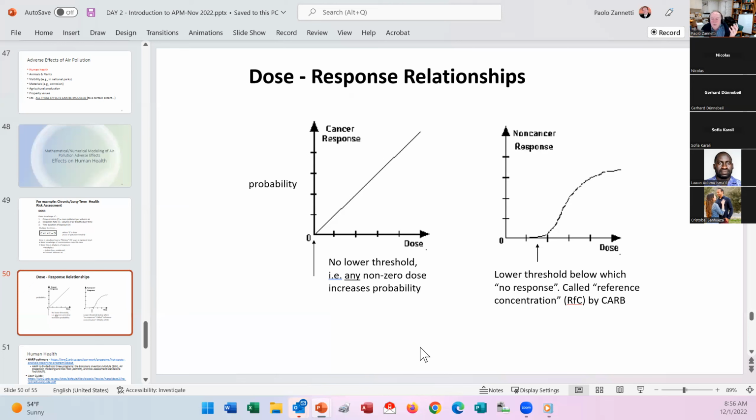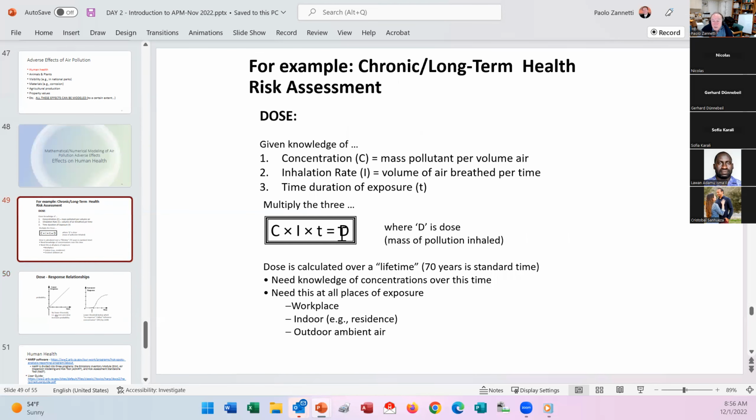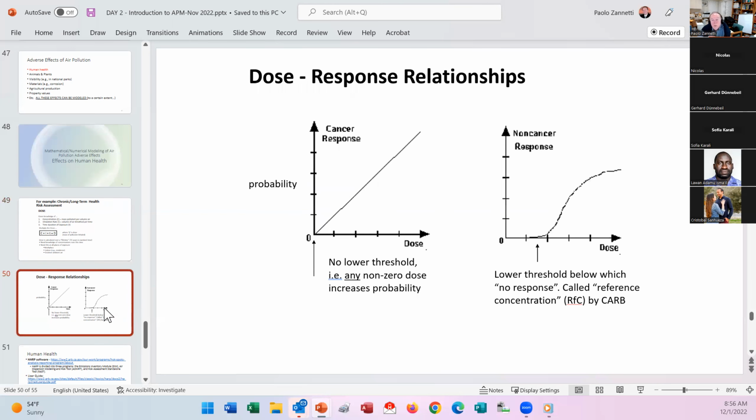However, closing this parenthesis, there are formulas in the literature that allow you, once you calculate the dose, which is not easy to calculate, but once you do that over a 70-year period for a person, you can establish the probability of getting an adverse health effect through these simple formulas, linear or non-linear, of dose-response relationship.